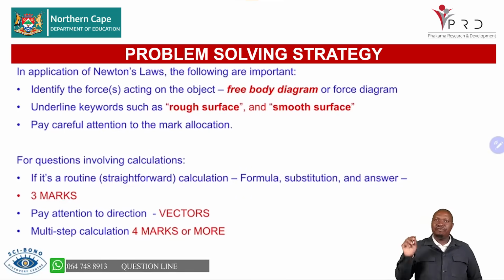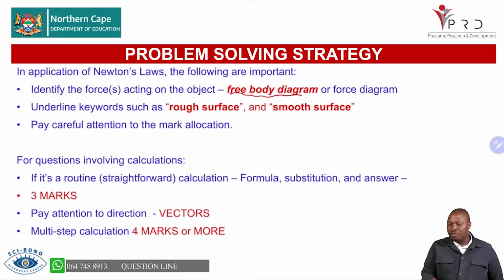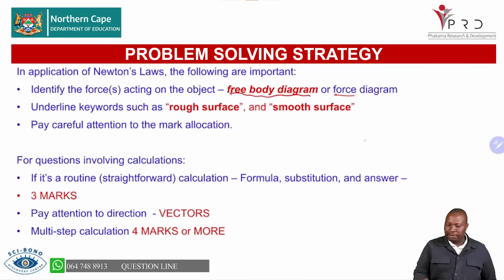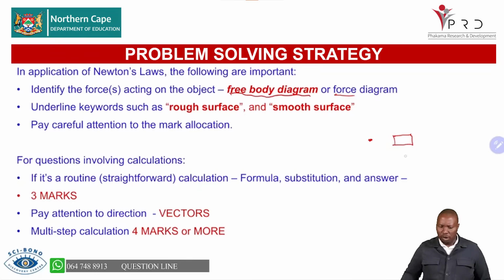The main thing there is the free body diagram or force diagram. I think by now you know the difference between them. For a free body diagram, we usually just make a dot and draw our forces. However, we make a box when we are drawing our force diagram and we indicate all those forces.